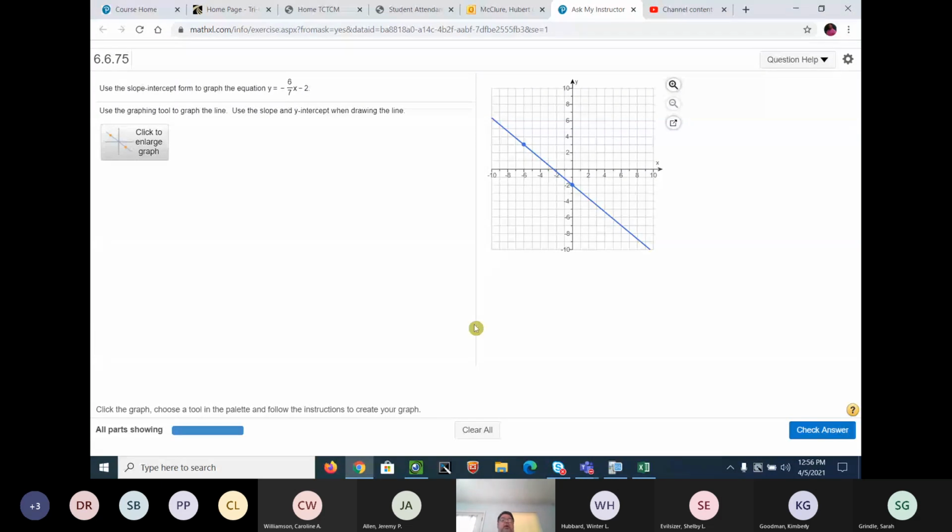Somebody tell me which method is the slope intercept. I went over this again Friday. I believe that is the 3rd option. Method 3. Good job. What else tells me it's method 3?